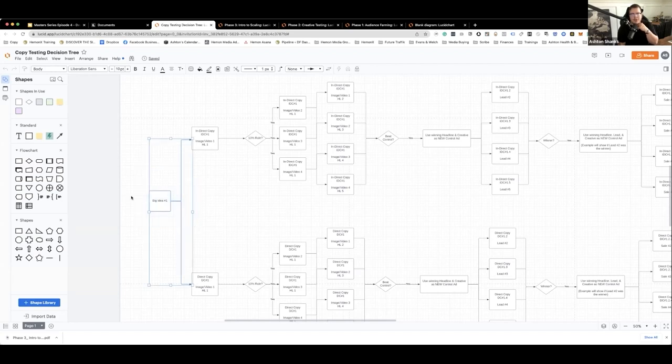So in phase 2, you're going to come into it assuming that you already have a control. That control is actually representative of a big idea. Whether you know it or not, that ad conveys a big idea to your market. And what you can start to do is break that big idea down into two ways: direct or indirect.